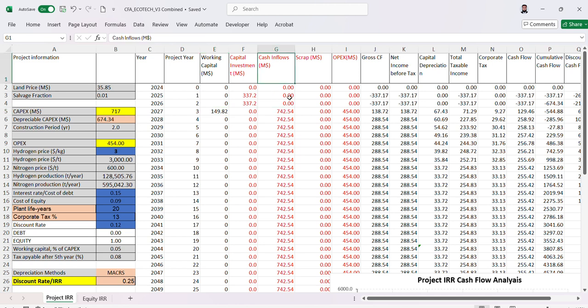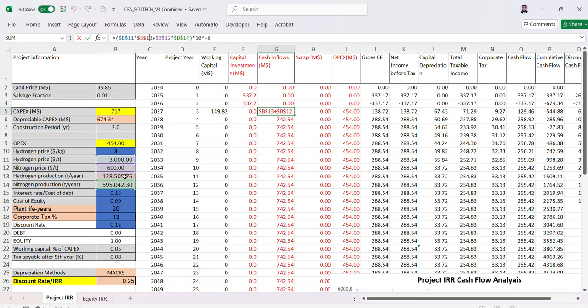Now for cash inflow, we can do the calculations of how we generate the revenue. Revenue is the amount from the selling price of your products, and in this case our products are nitrogen and hydrogen. So this is the hydrogen and this is B13.